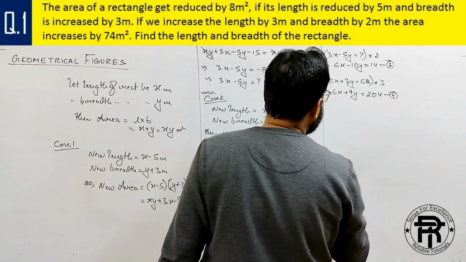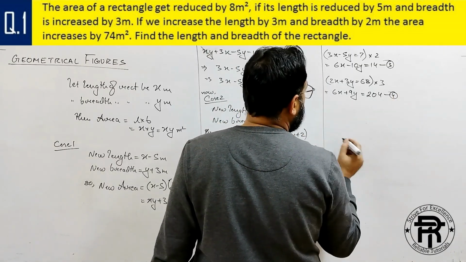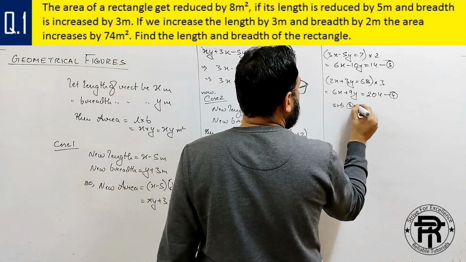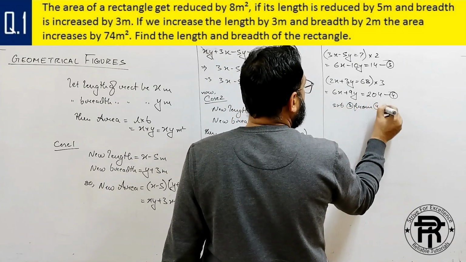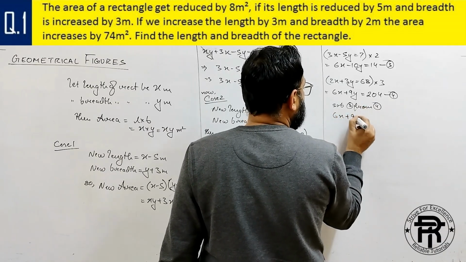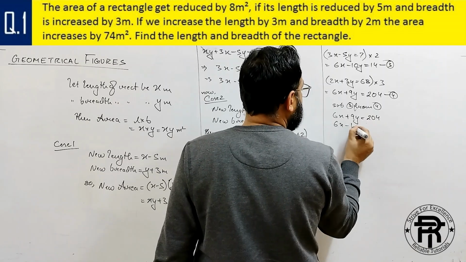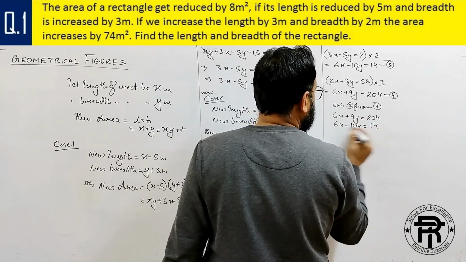Now what we do is subtract both equations directly. Subtracting third from fourth. 6x plus 9y is equals to 204 and 6x minus 10y is equals to 14.